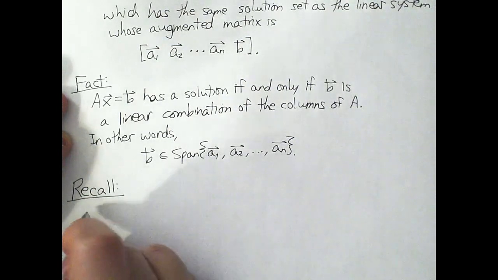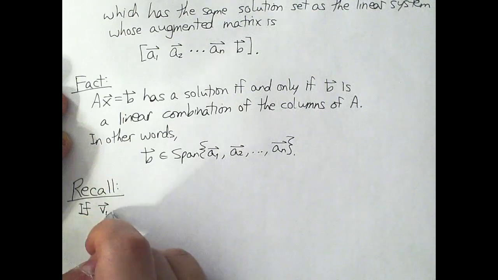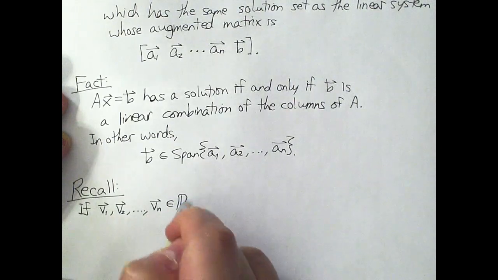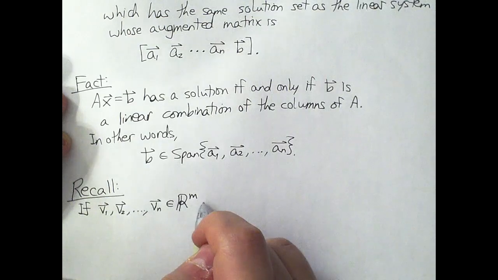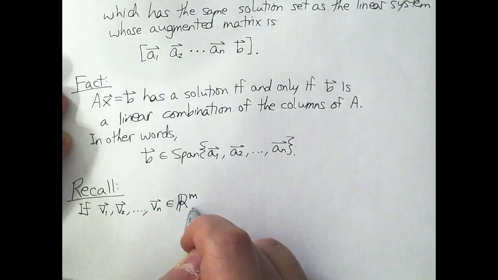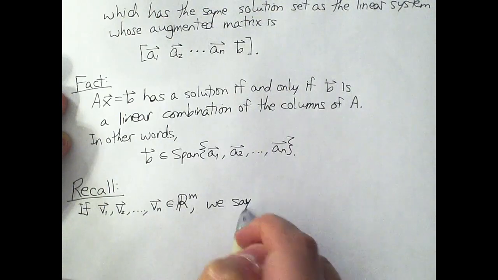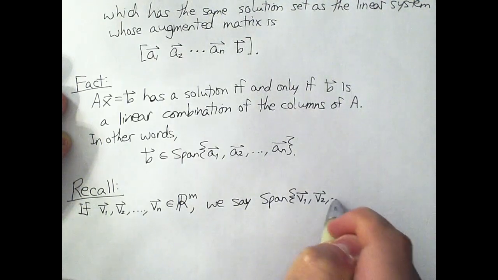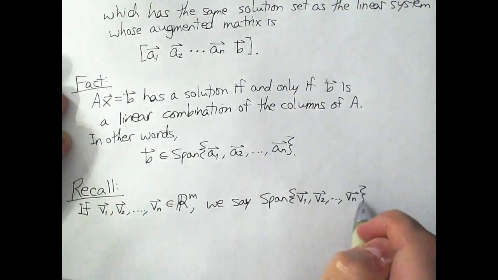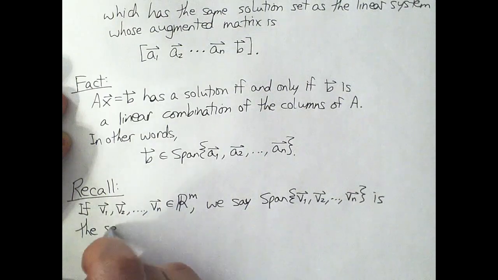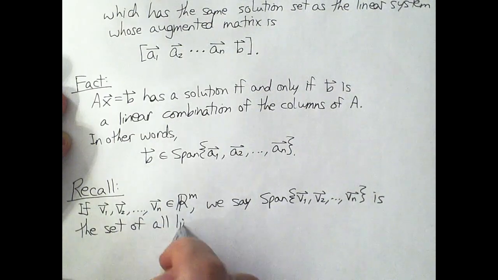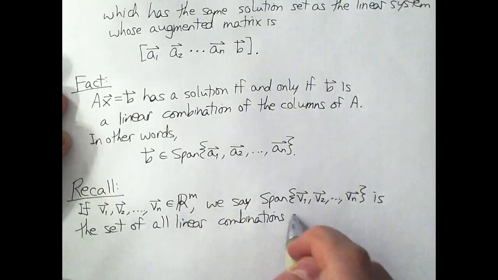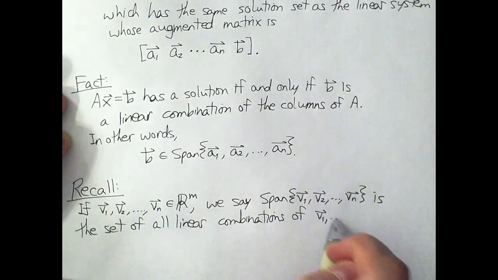Now, recall if some vectors, v1, v2, up to vn are in Rm, we say the span of those vectors is the set of all linear combinations of v1 through vn.